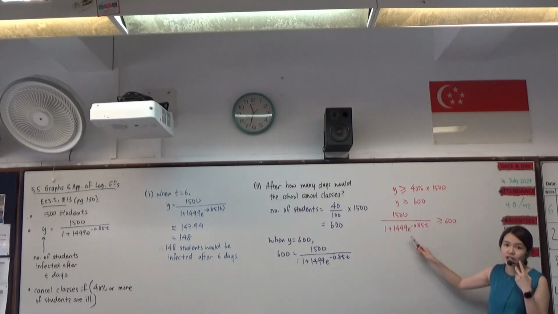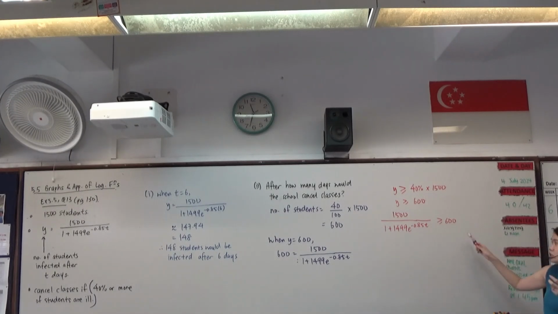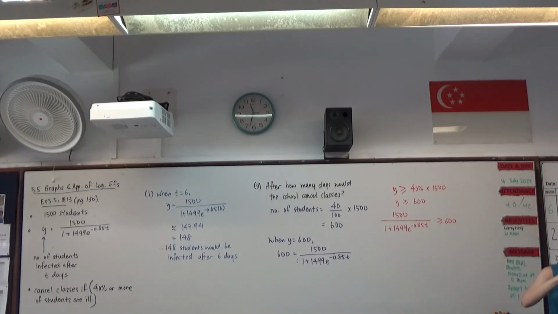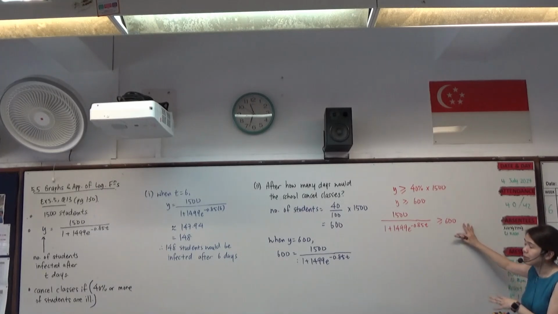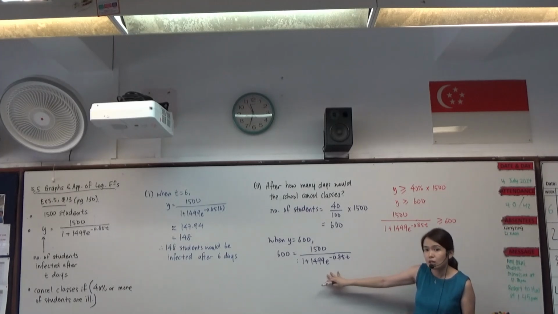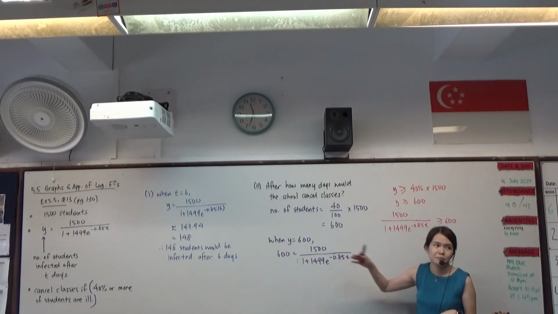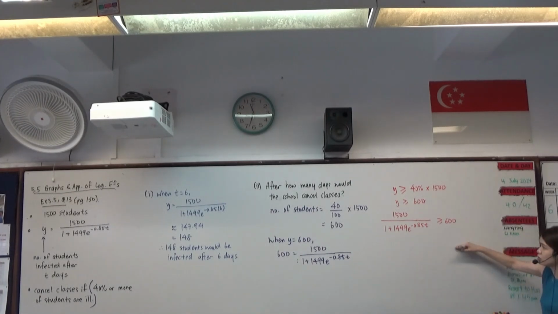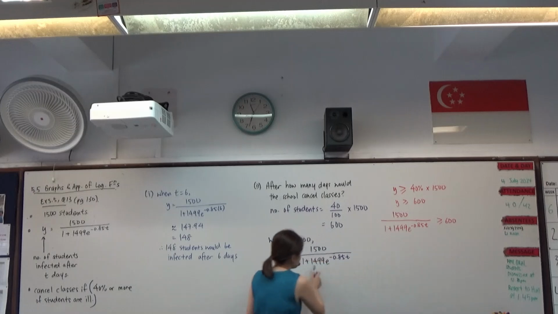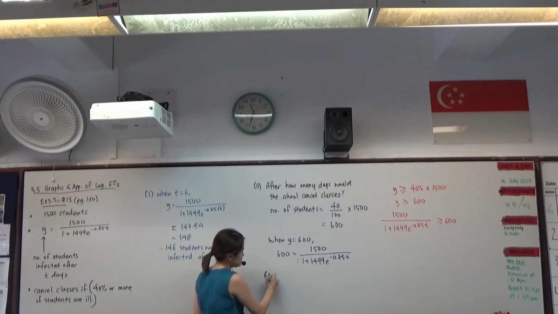Over here, this is a function. So to solve an inequality involving a function itself, we have to depend on the graph. So it becomes challenging, right? So in fact, even if I form an inequality, I will encourage you to proceed to solve an equation first, and then interpret from there, rather than to continue solving from here because you need to depend on the graph itself. So I will still go back to solving this, which is much easier.